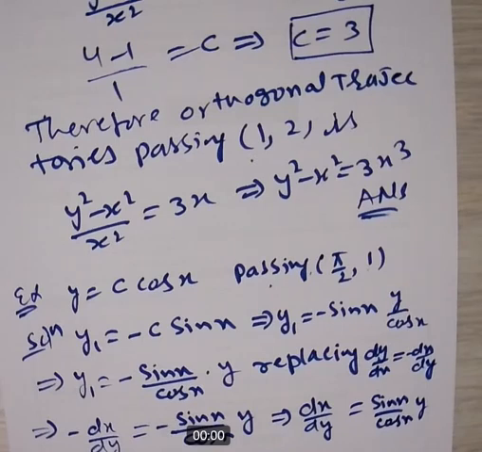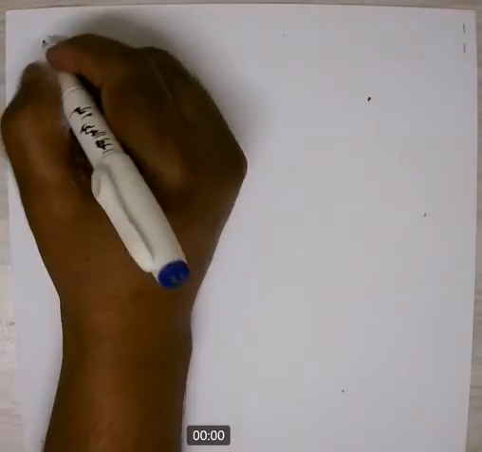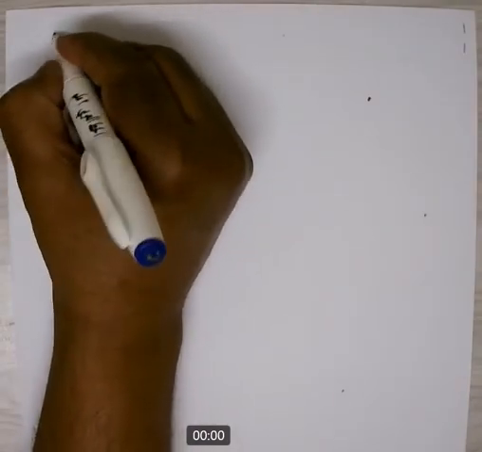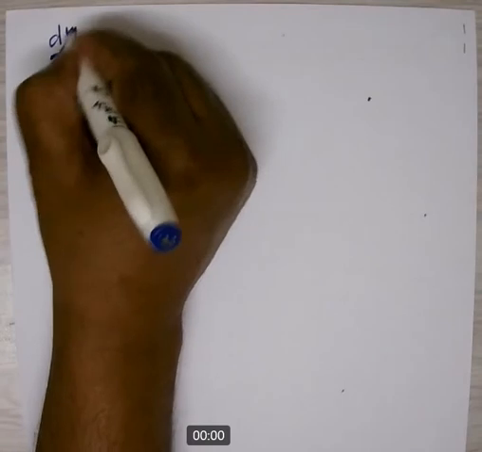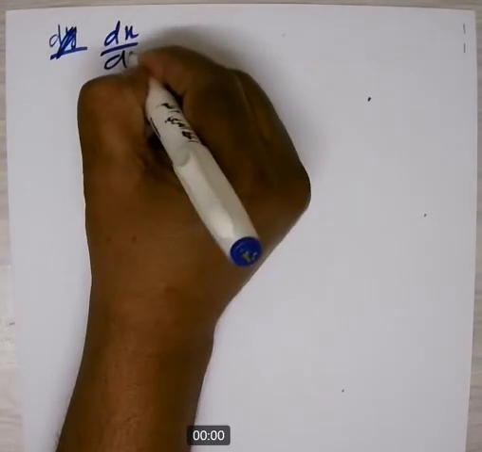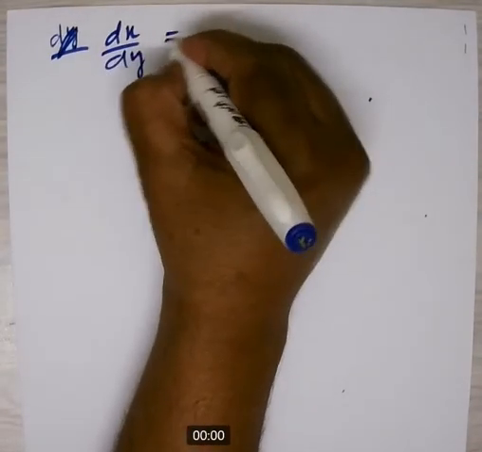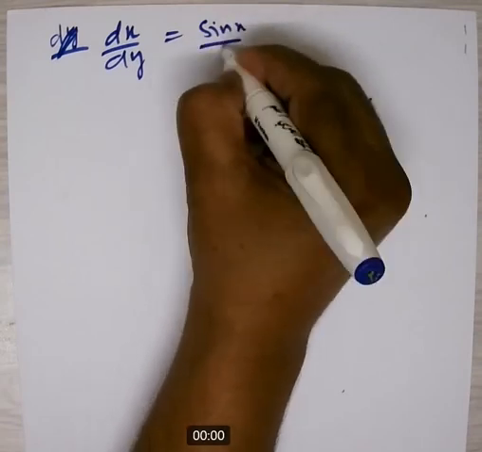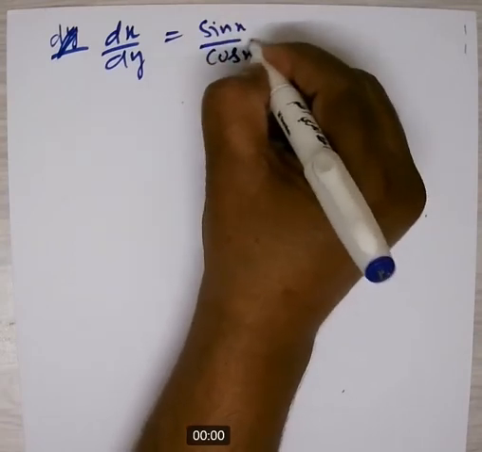When I try to solve this one, it is dx/dy equal to sine x divided by cosine x into y.